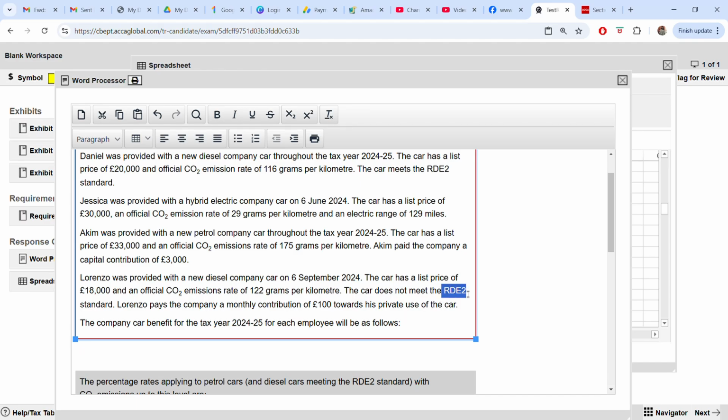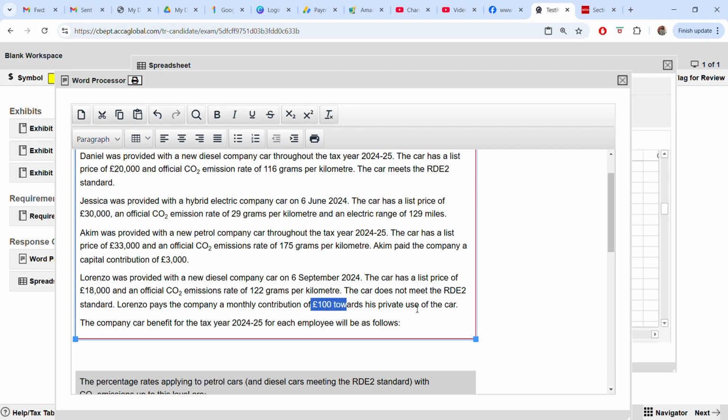So that 4% surcharge is there, and it's there from 6th September. So for how many months? It is there for 7 months, from September to 5th April 2025. This price is 18,000. And Lorenzo pays the company a monthly contribution of 100 towards the private use of the car.